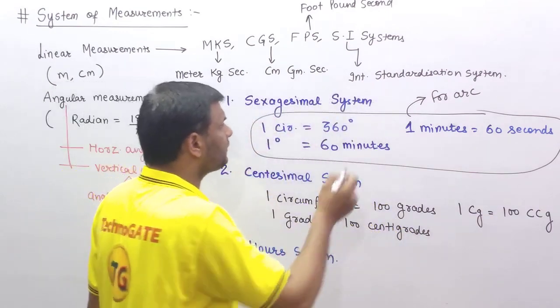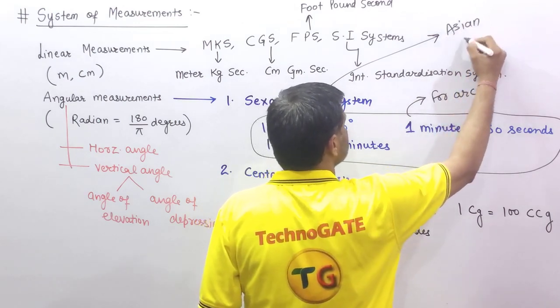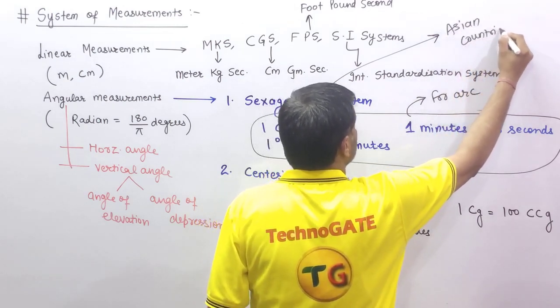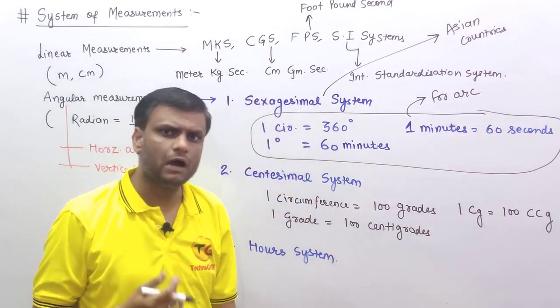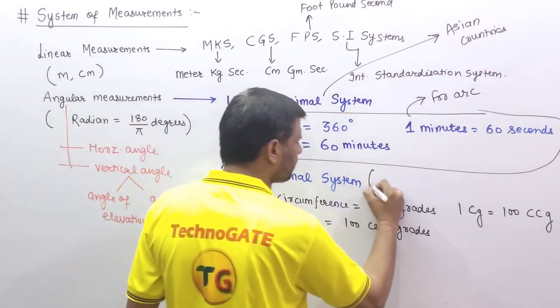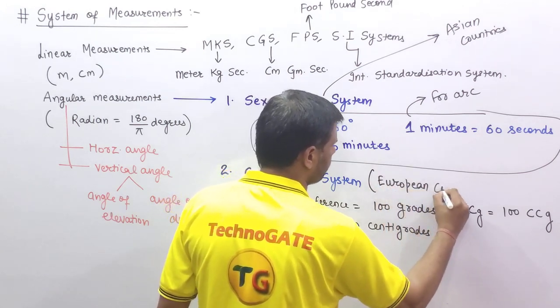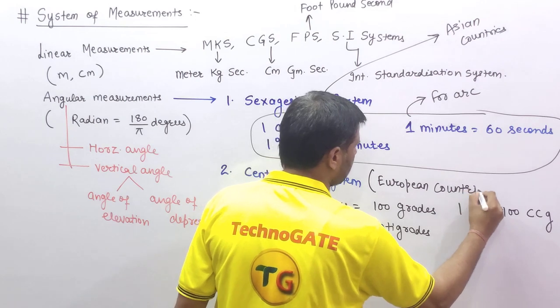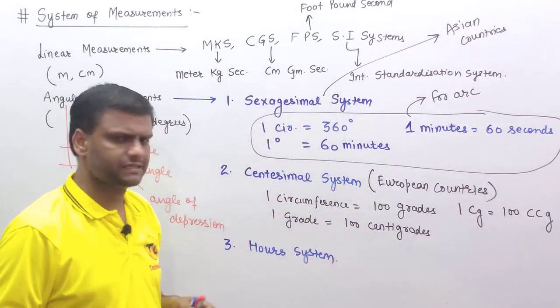In Asian countries, this system is followed, the sexagesimal system. However, in European countries, this system is followed, that is the centesimal system.